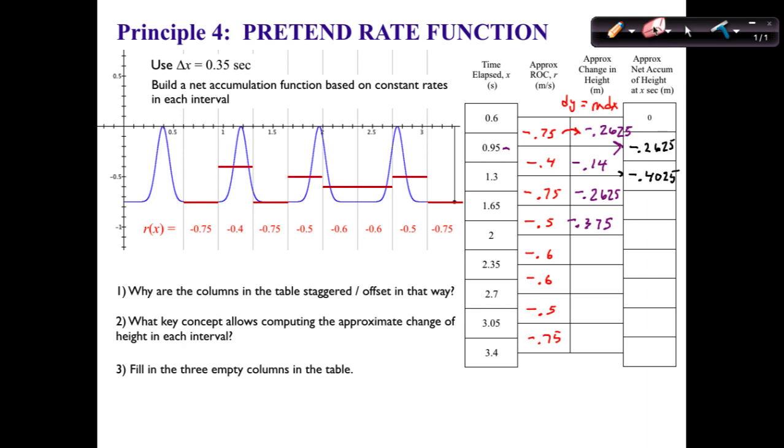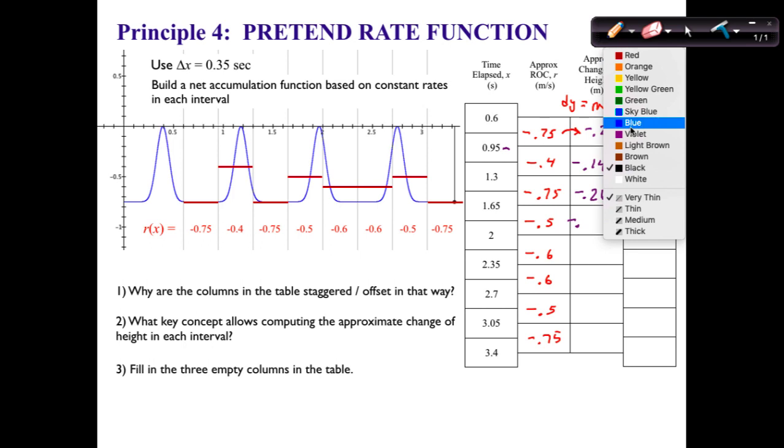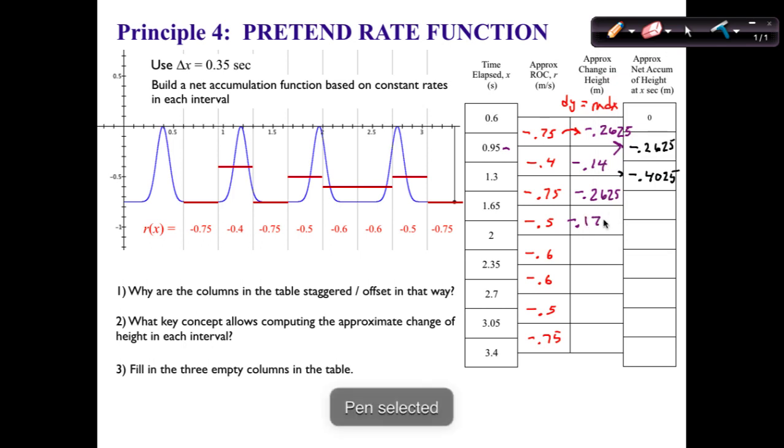Okay, sorry, because I just was not thinking. Thank you for telling me that. All right, so now the next one is, I've got all this accumulated height at 1.3. I've got another interval of 0.35 seconds where I got this much more change in height. So now at 1.65, my new accumulated amount is 665.